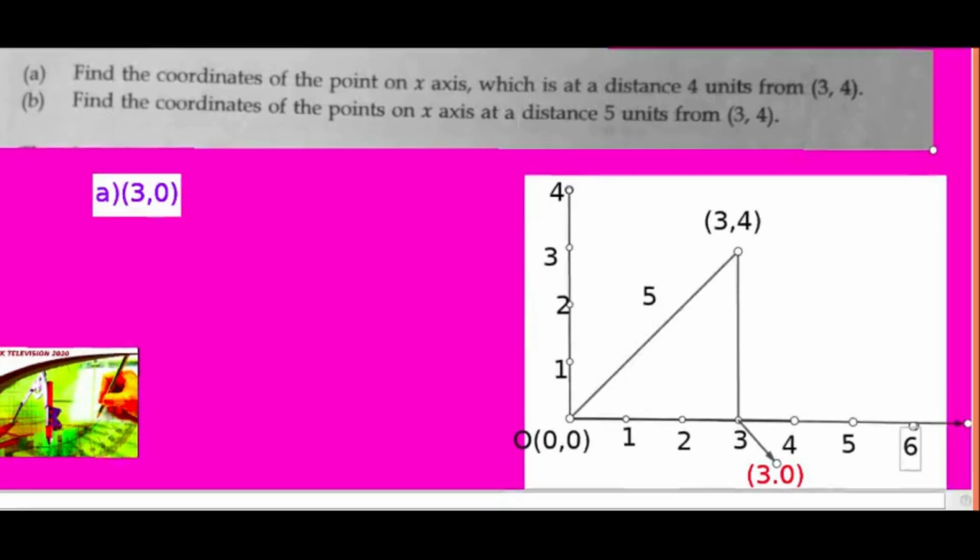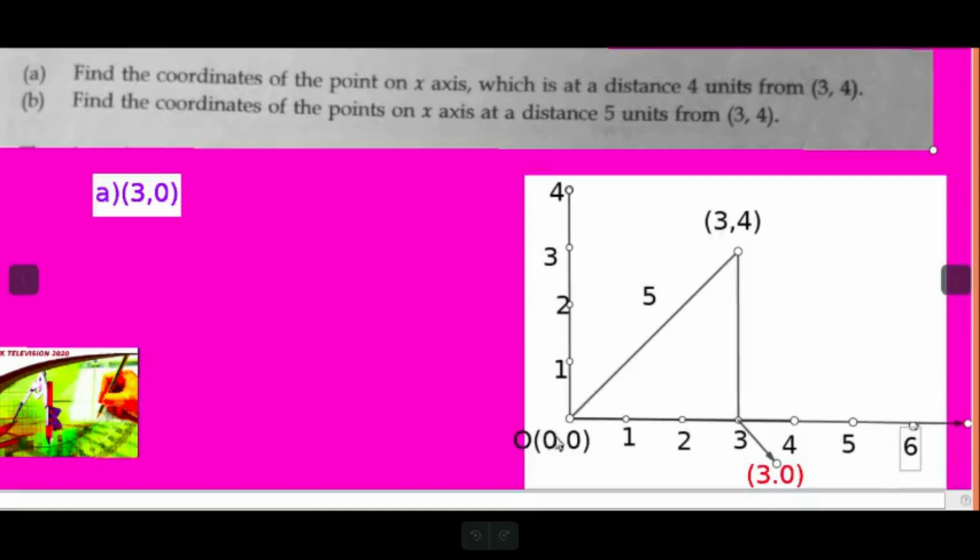So this distance is 5. So we take this point as the point on the x-axis at a distance 5 units from (3, 4).